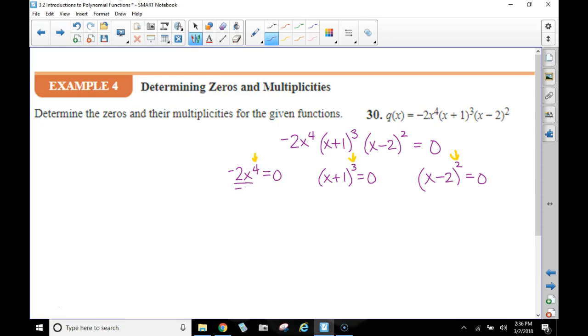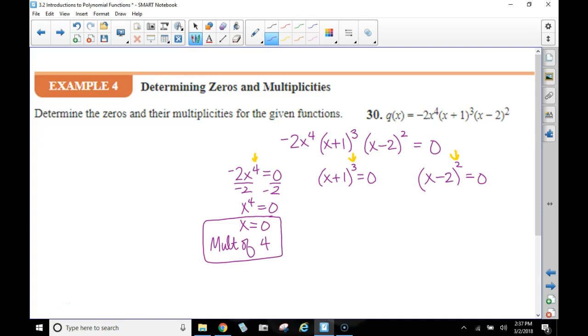First of all, if we divide both sides by negative 2, we'll have x to the 4th equals 0, and the only solution to that is when x is equal to 0. So x equals 0 is our 0, and it has a multiplicity of 4. That's going to be a touch point there.